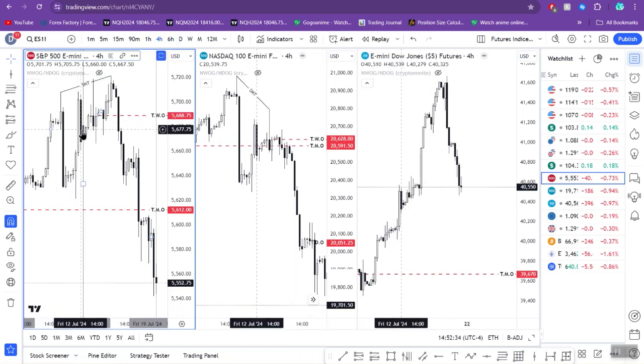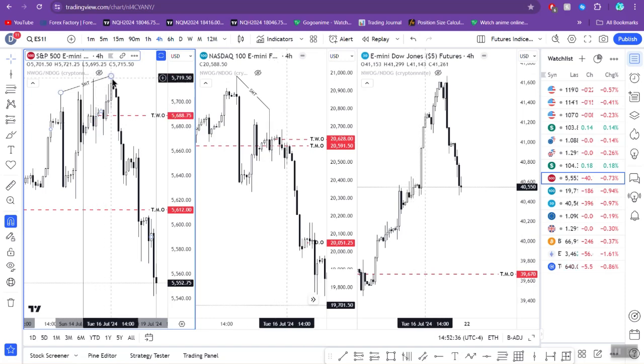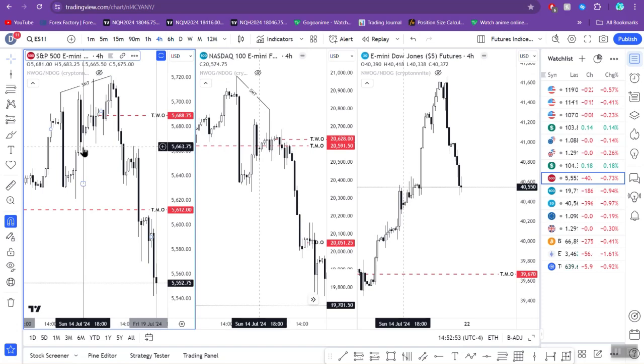For the S&P 500, we take out the previous week's high. We took it out here on Monday already. If you saw that on Monday, you could sell. But know that Monday is not that high probability. Lots of people on a Friday, let's say, had a losing week. Then the weekend goes by and they get some kind of motivation.